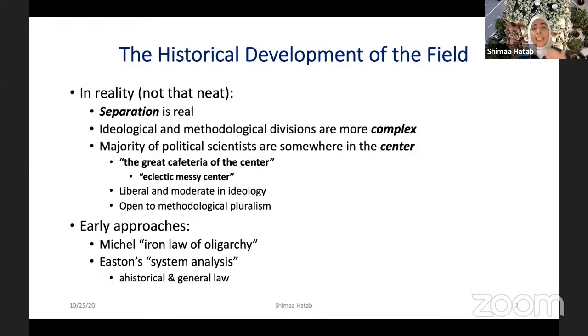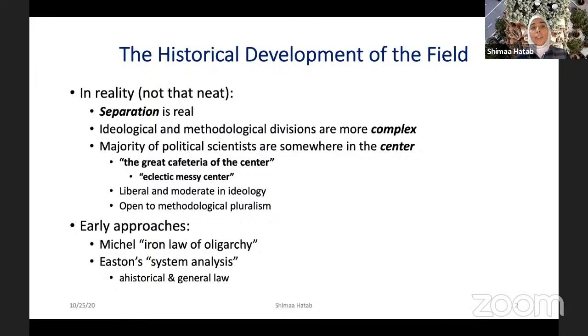One of the early efforts was making inference from the study of the Social Democratic Party in Germany, how to study extensive and vast bureaucratic structure.